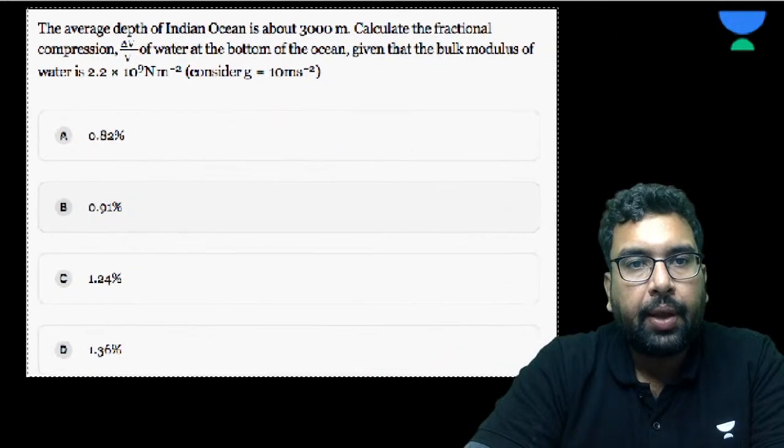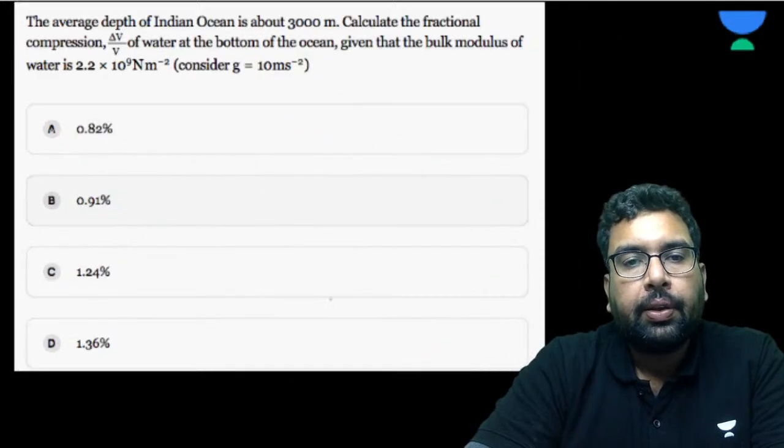Okay, let's try this one. You have all the information for solving this question.